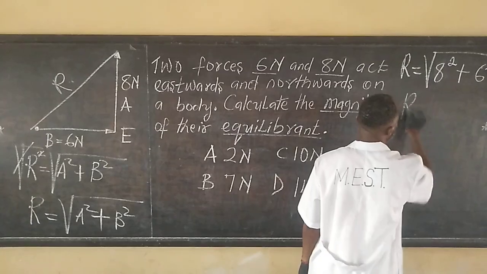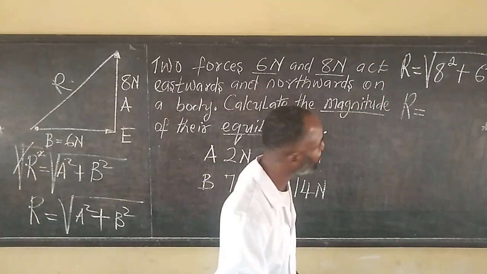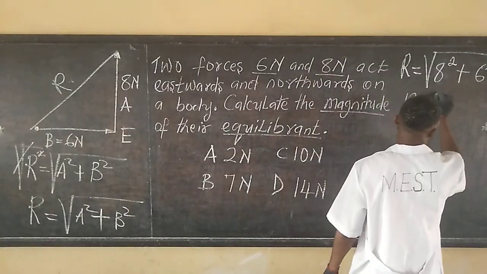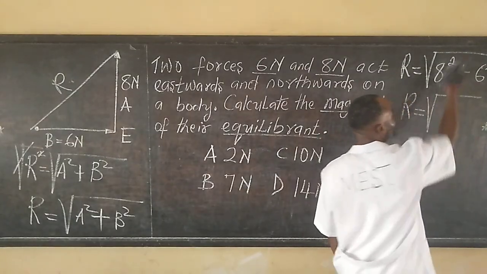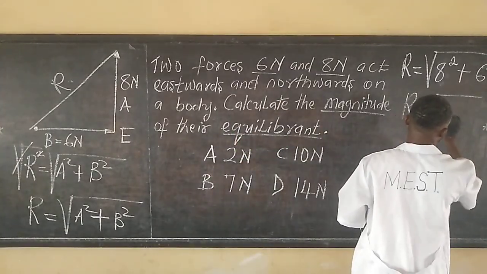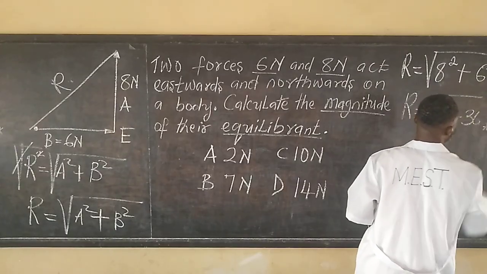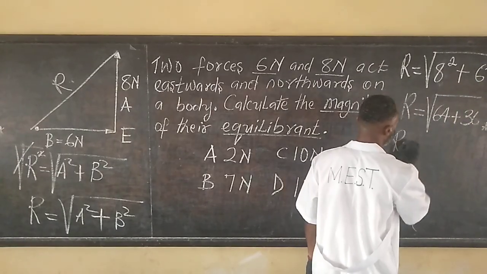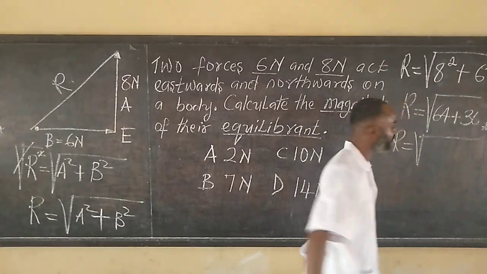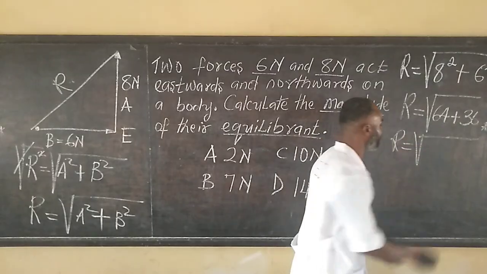R is equal to the square root of 8 squared plus 6 squared. 8 squared gives 64 and 6 squared gives 36. Now R is the square root of 64 plus 36, which is 100.